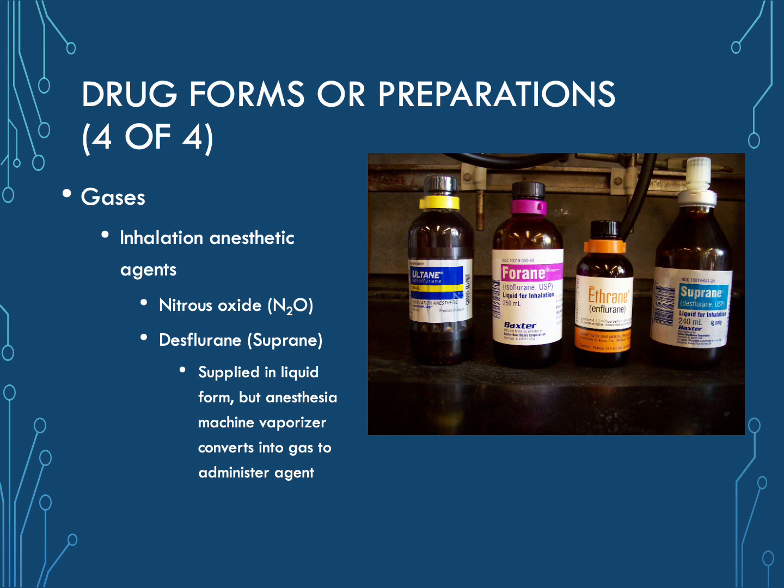They are actually considered volatile liquids. And what we do is we put these liquids into the anesthesia machine, and it has a vaporizer. And so the anesthesia machine is going to vaporize these volatile liquids into a gas form so that the patient can breathe it in.